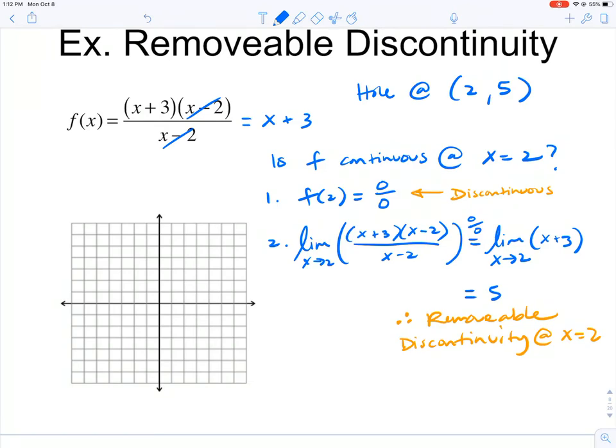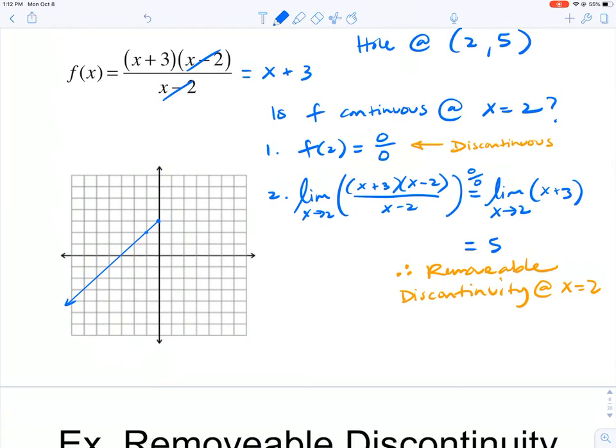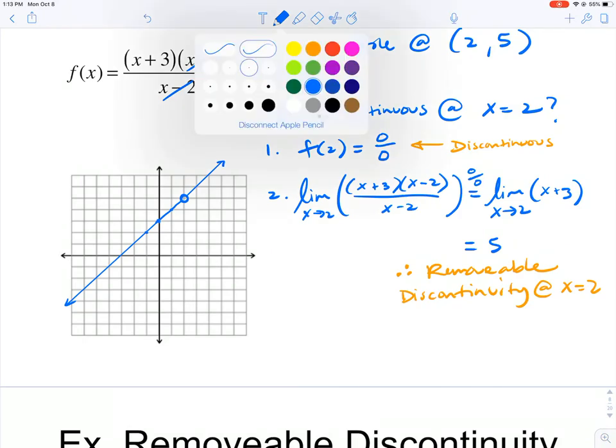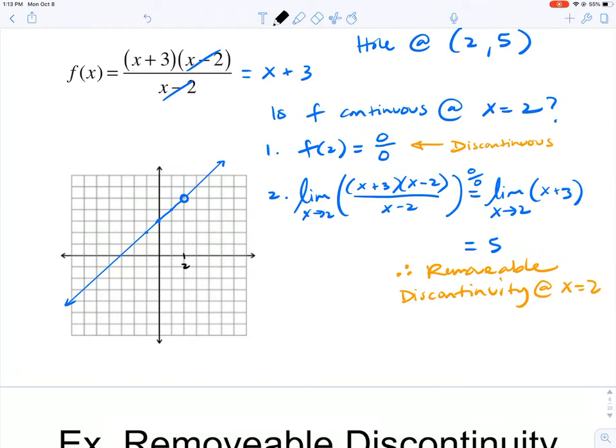So the graph of f is going to look like the line x plus 3, slope of 1, y-intercept of 3, and there will be a hole at (2, 5). We would want to fill that point in as (2, 5).